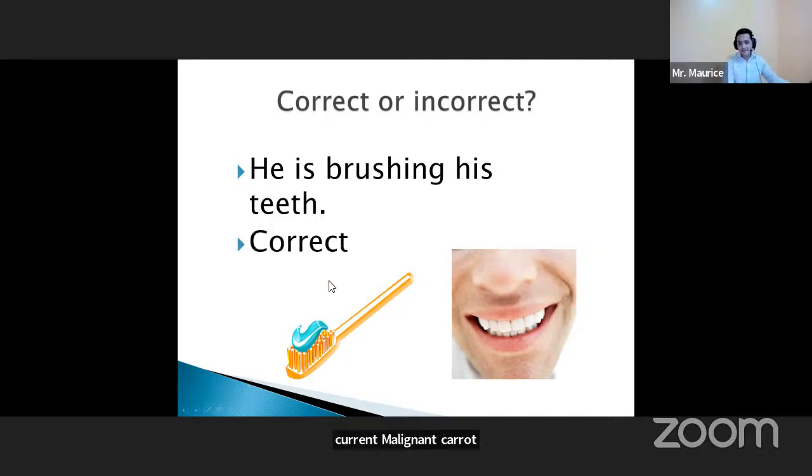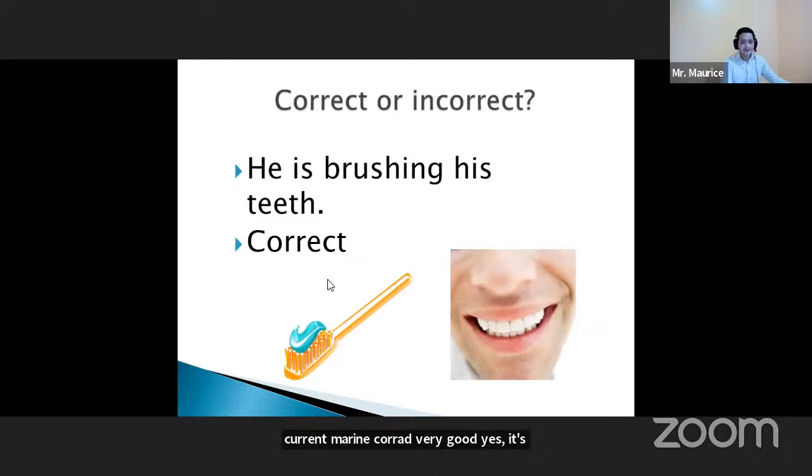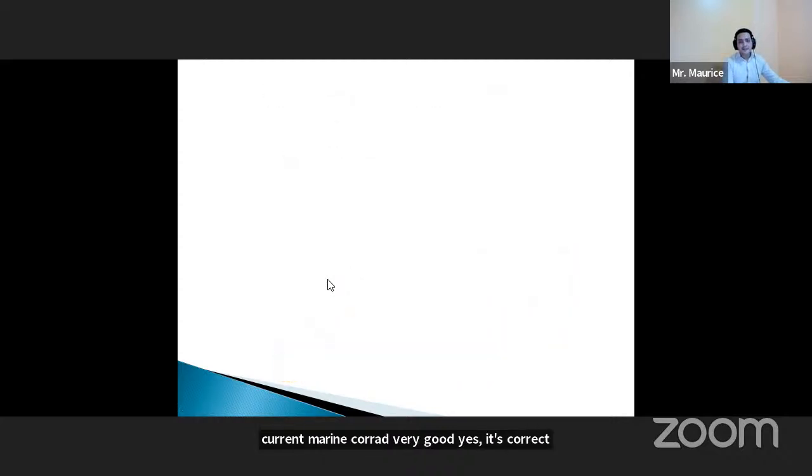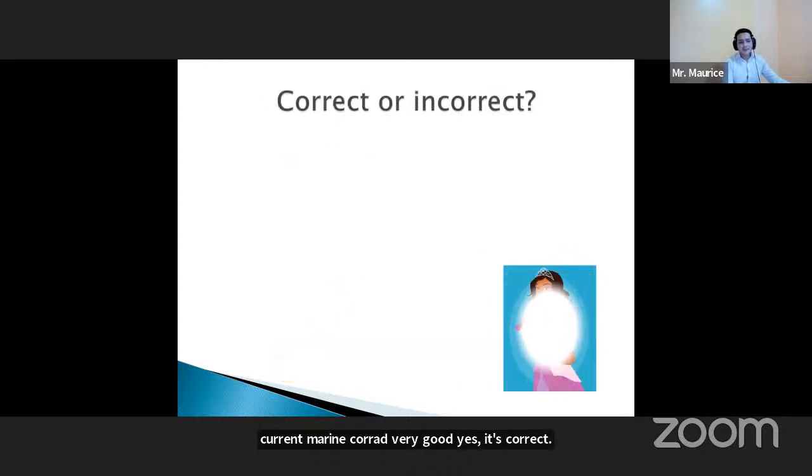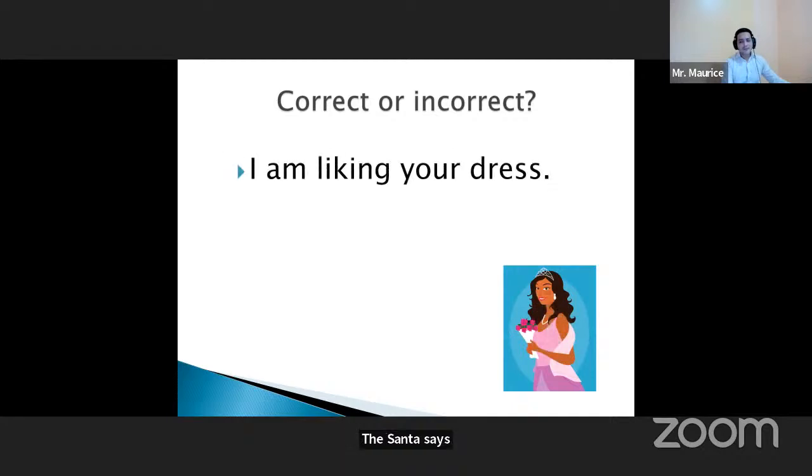Very good. Yes, it's correct. The sentence says. Correct.